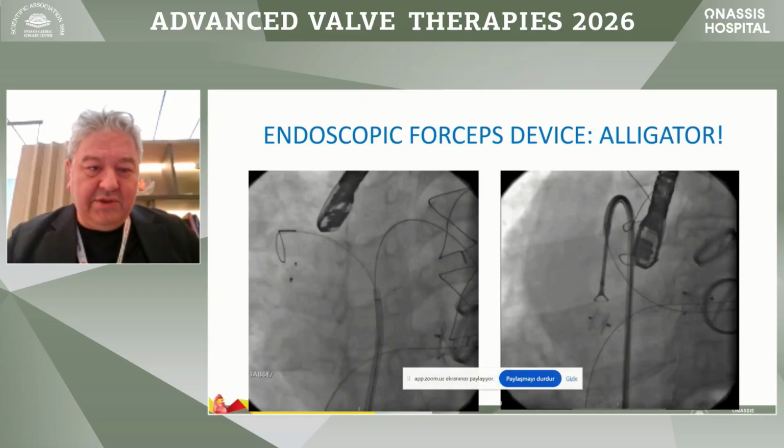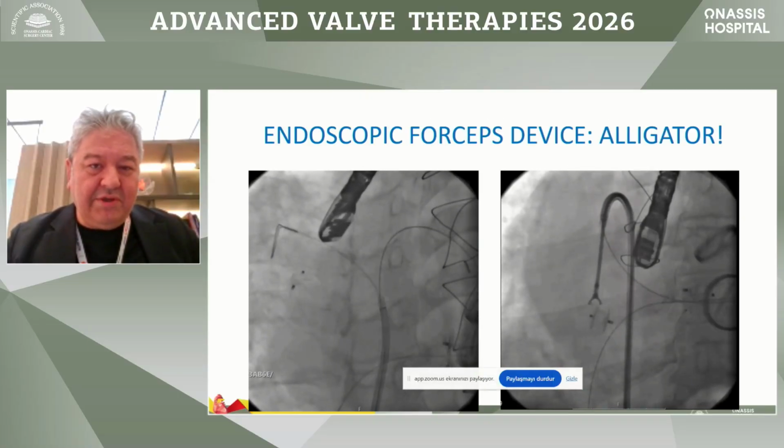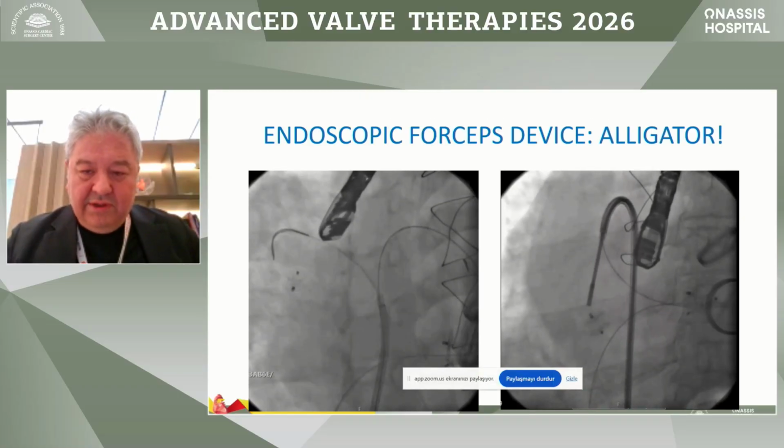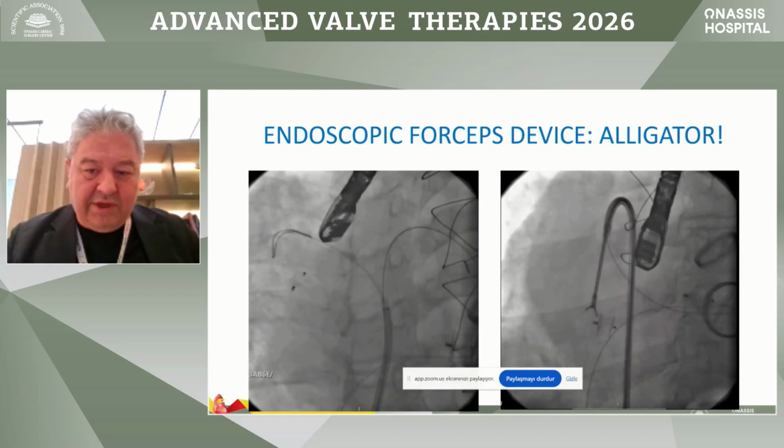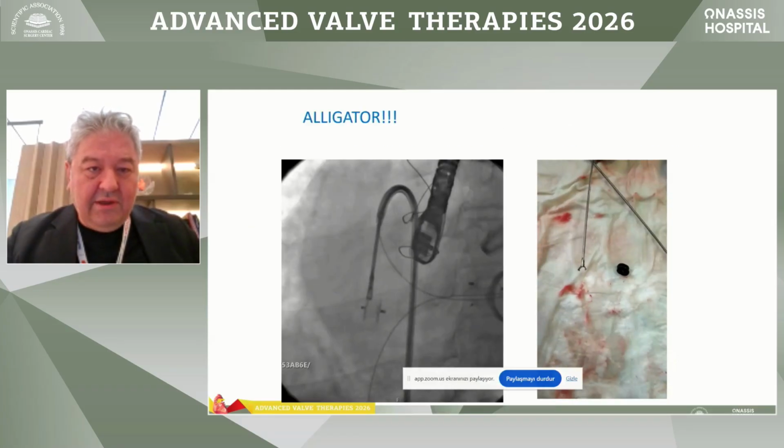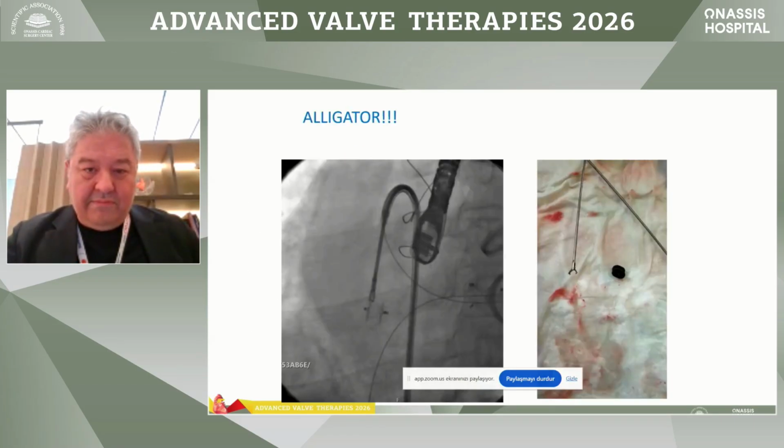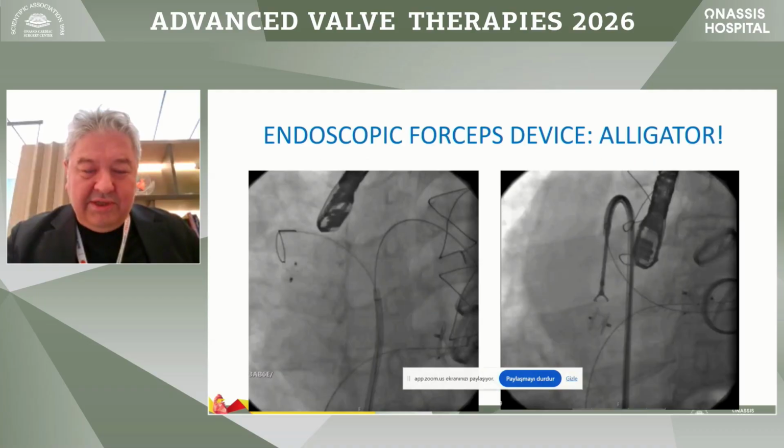As you see, for device embolization, the endoscopic forceps devices are very useful. Alligator tip devices for catching these devices. Is this the Raptor? The endoscopic, the bioptome, or how do you call that device that you retrieve the plug? This is the endoscopic forceps device from the gastroenterology department.